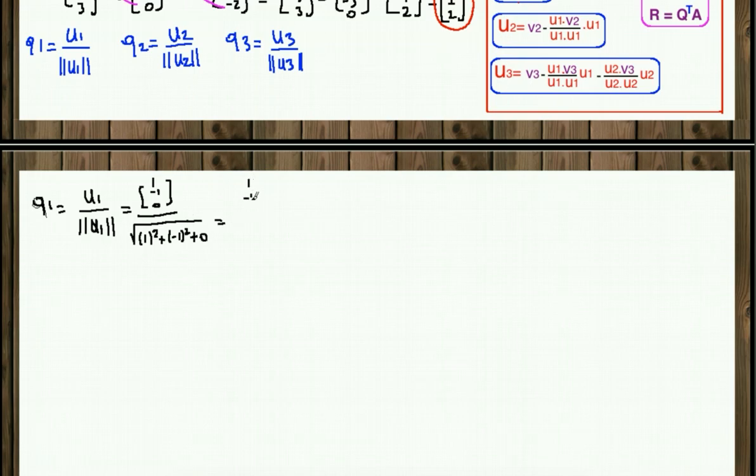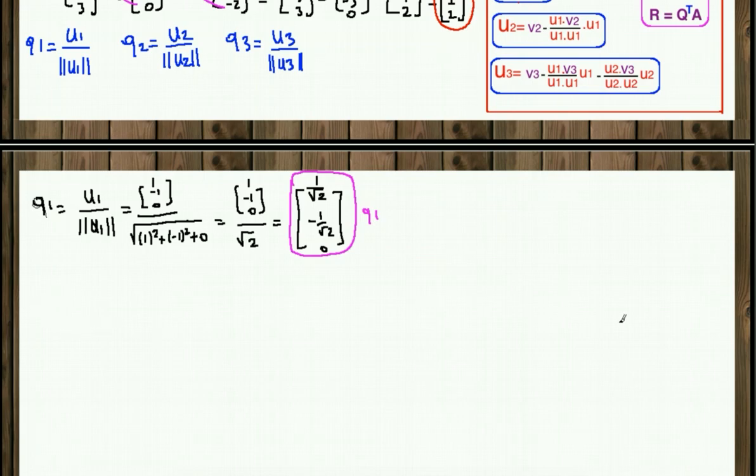So 1, negative 1, 0, divided by square root of 2. Each component divided by square root of 2 will give us q1. So 1 divided by square root of 2, negative 1 divided by square root of 2 and 0 divided by square root of 2. This is our first orthonormal vector, q1.